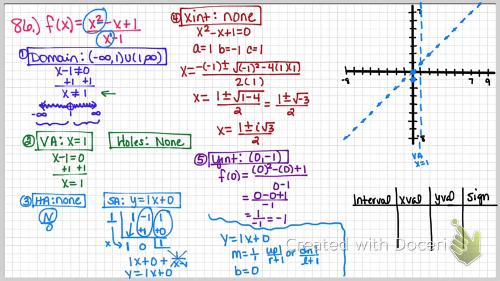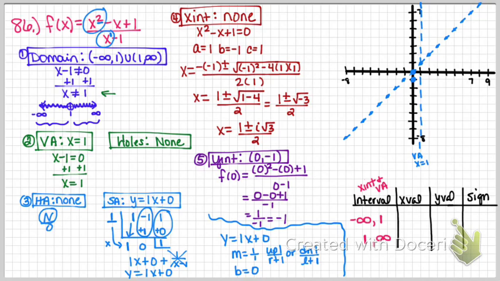Now what do I use to find my intervals? X-intercepts and vertical asymptotes, okay? So slant asymptotes, even though it crosses the x-axis, are not used here. But you can see then you have from negative infinity, you have a vertical asymptote at 1. And then from 1, we go on to positive infinity.